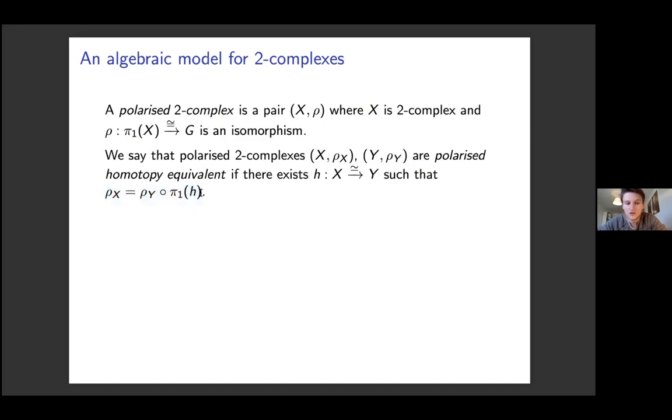Namely, you have a homotopy equivalence that induces a map on the fundamental groups from pi_1 of X to pi_1 of Y, and if you use the polarizations to express it as a map from G to G, then that map will just be the identity.